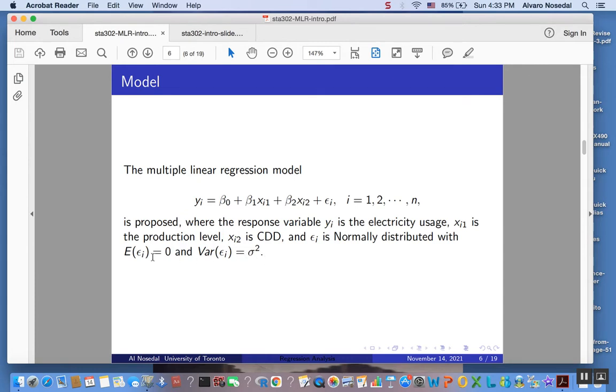We are assuming that they are independent as well. So the assumptions remain the same for this multiple linear regression model.